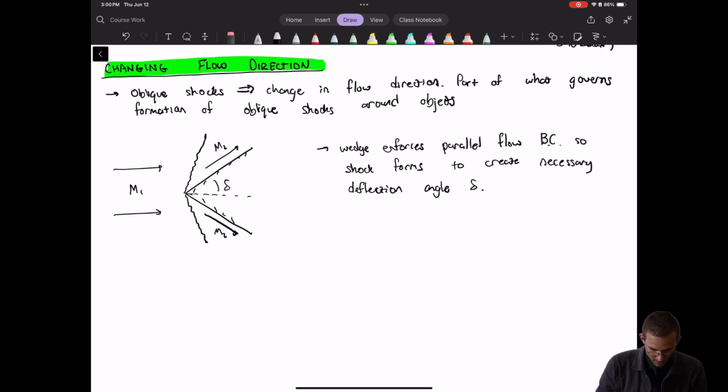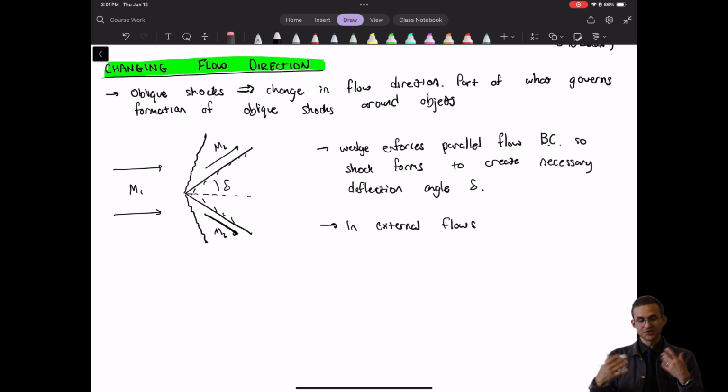Okay? So in external flows, there's almost always not a strong enough pressure gradient available to drive strong shocks. So we are going to always see weak shocks in an external flow.